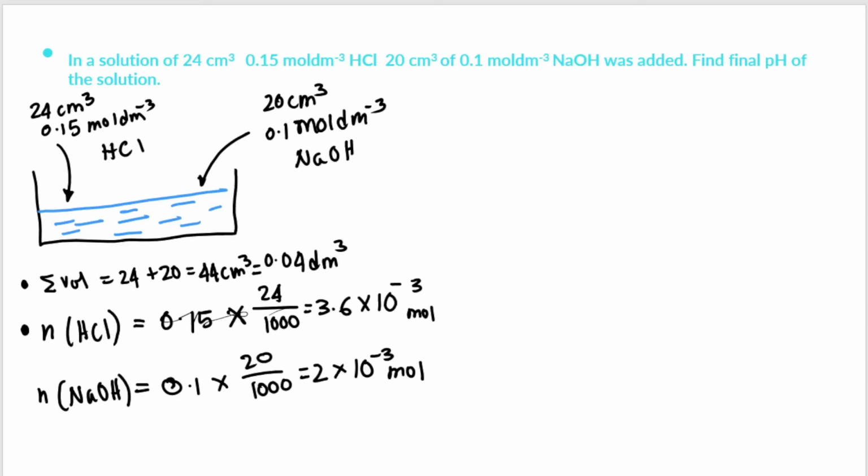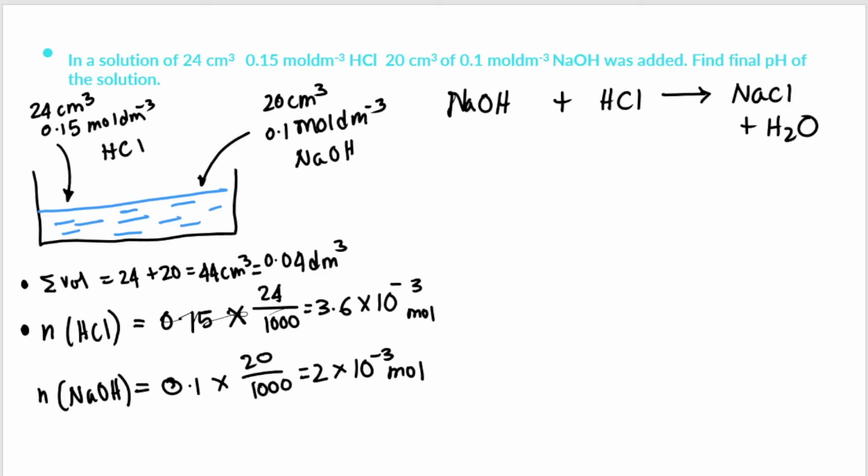Now, let's find out which reagent is in excess. To do that, we must first write the reaction between these two. So NaOH plus HCl reacts in 1:1 ratio to form NaCl salt and 1 mole of water.